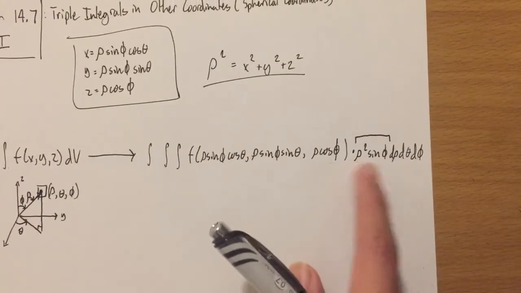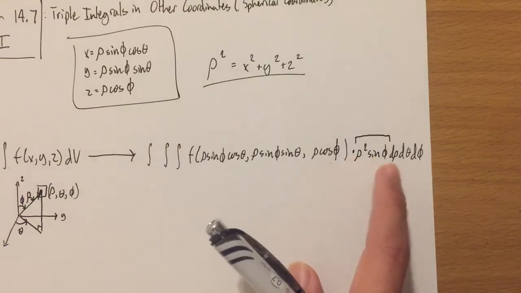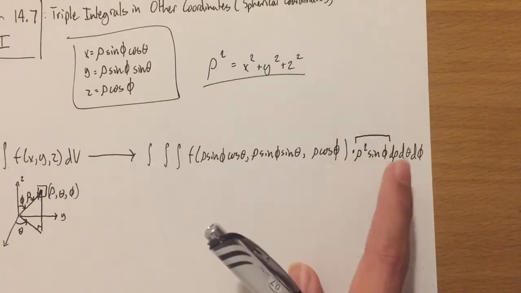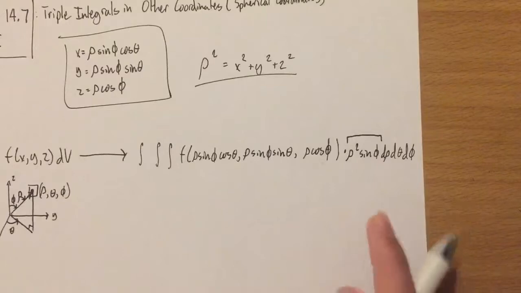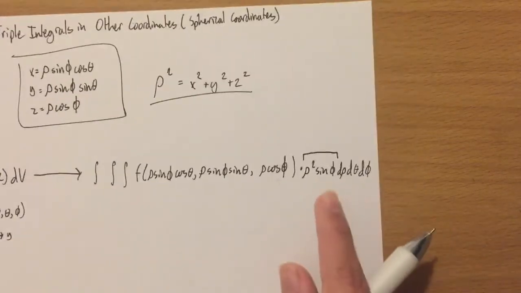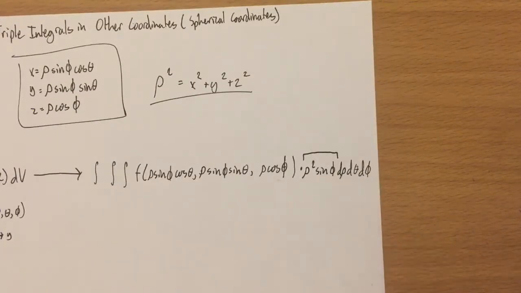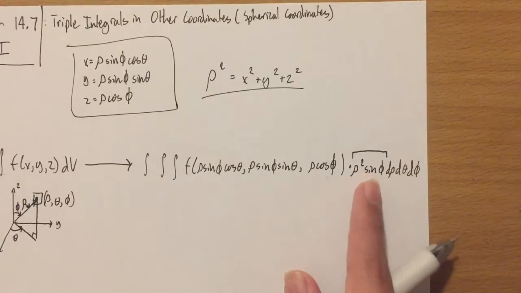And you would also have to add in rho squared sine phi when you're doing these conversions. So this right here is very important. You must not forget it.